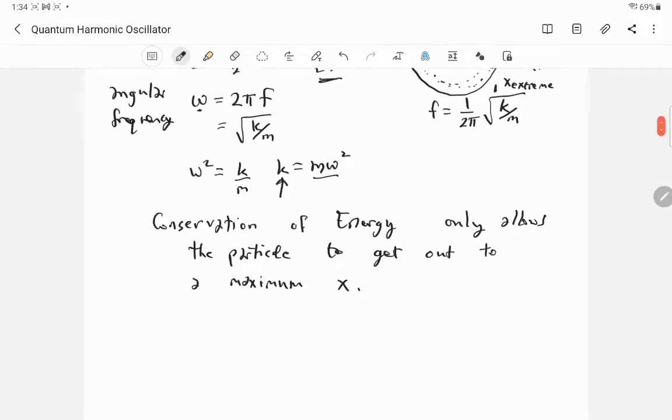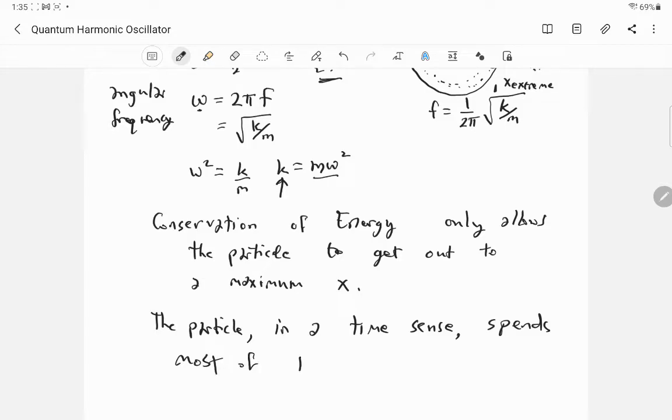Another thing is the particle, in a sort of time sense, spends most of its existence, or lifetime, out near the turning points.